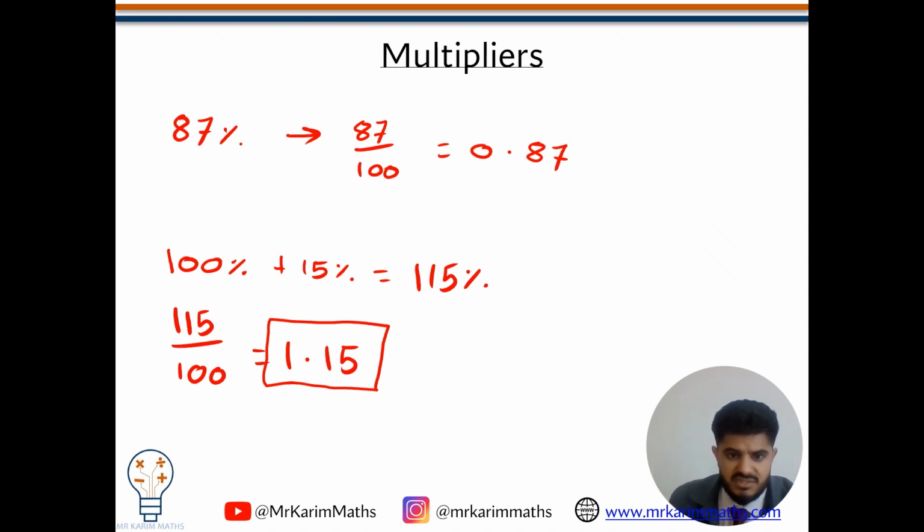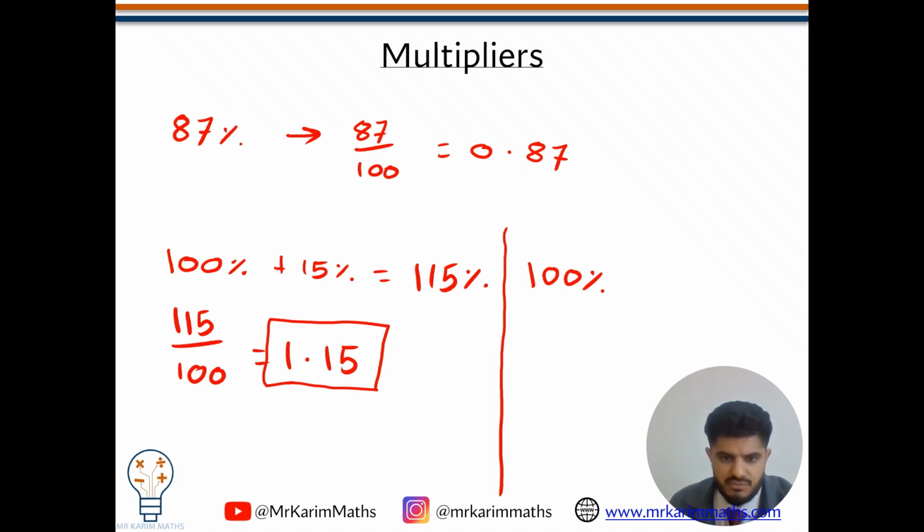If I wanted to decrease, I'll just split the page here. So again, my original amount is always 100%. Let's say there was a sale and it was 30% off. I'm going to take away 30%. It means the item that I'm buying is no longer 100%. It now becomes 70% because I've knocked off 30%.